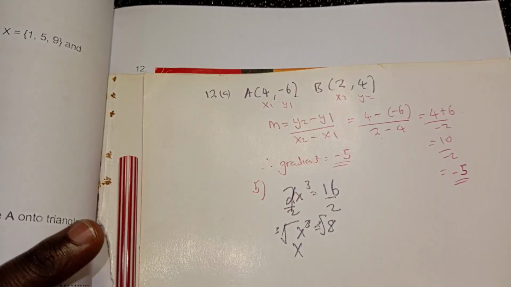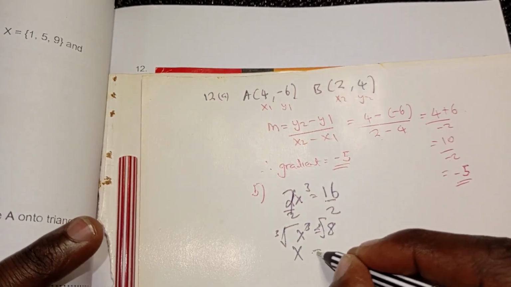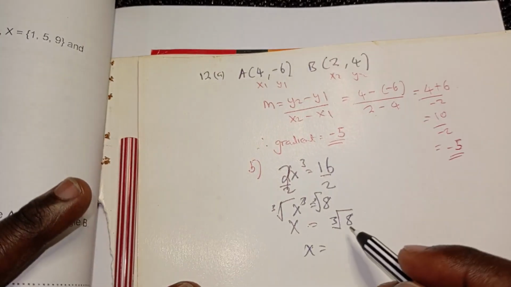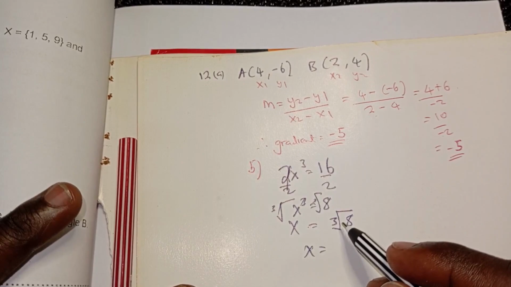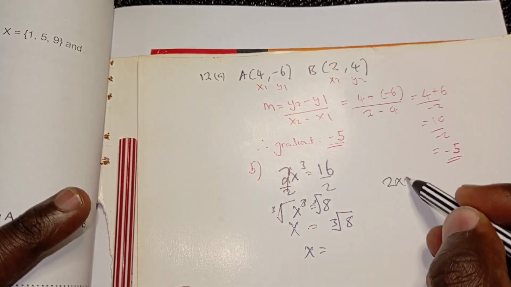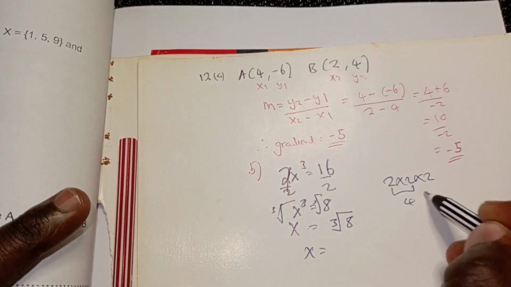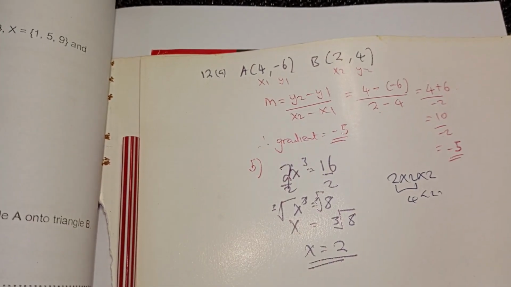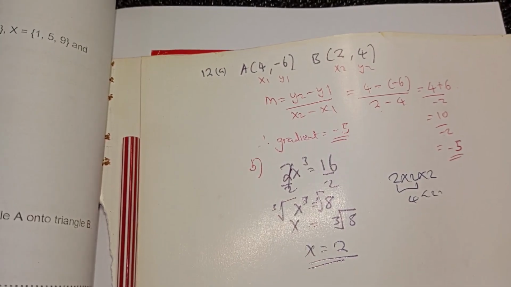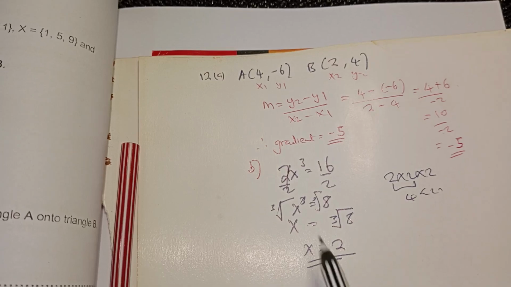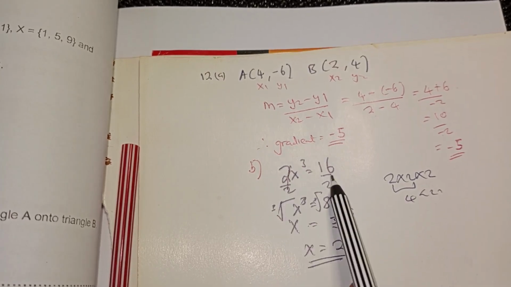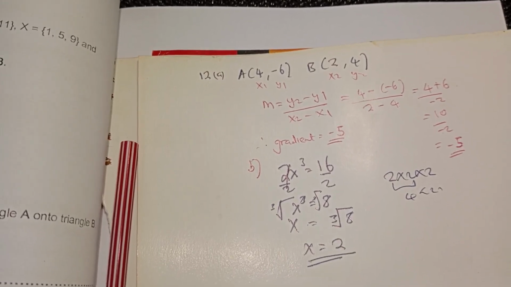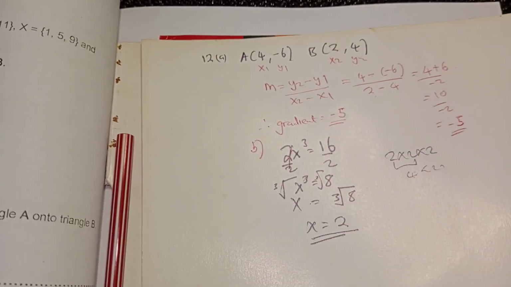So x is equal to the cube root of 8, and the cube root is a number that you can multiply 3 times by itself to get 8. So 2 by 2 by 2, this is 4 by 2, 8. So the answer is 2. I hope I wasn't too fast. First we divided both sides by 2 to get x cubed equals 8, then we took the cube root on both sides, and you get the value 2.